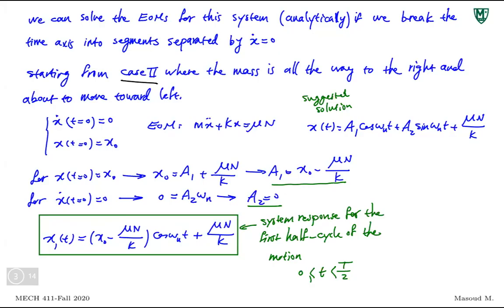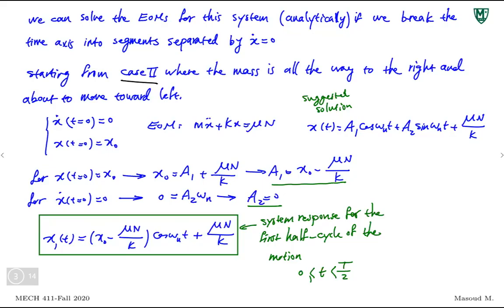Where am I when the first half cycle ends? If I put t equals T over 2, half the time period, in x1(t), that's where I am. This x(t) describes where the system is at any given time during the first half cycle. So the last moment of the first half cycle is the first moment of the second half cycle, which becomes its initial condition.